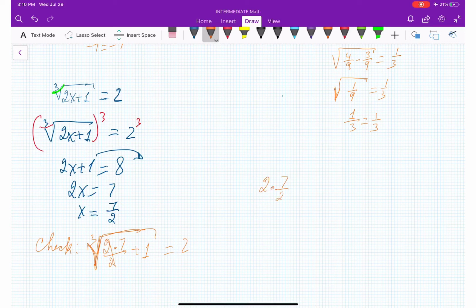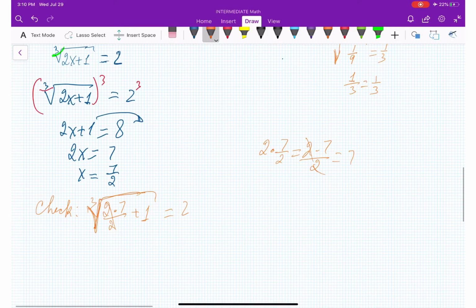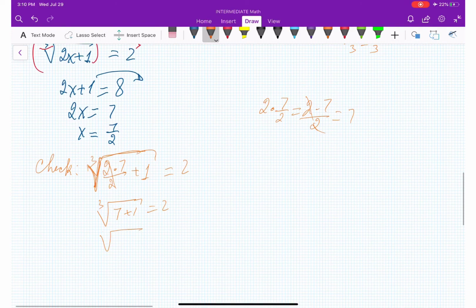Go back to my basic math playlist, multiplication of fractions. You will find it there. So that's equal twice 7 over 2. And we get 7. So what do we get here? 7 plus 1, right? Cubic radical 7 plus 1 equal 2. So cubic radical 8 equal 2, which is 2 to power 3, will be 8. So 2 is equal to 2. So 7 over 2 is the answer.